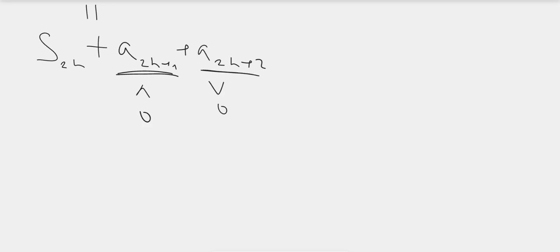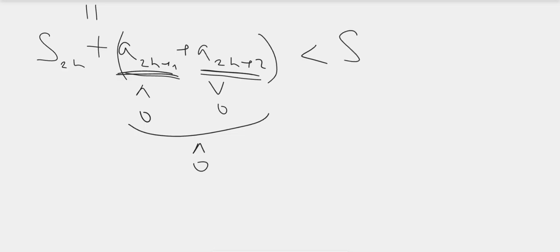So the sum of these two numbers in total would be less than 0, because we added a larger by absolute value negative number and a smaller by absolute value positive number. So this would be less than S2n.